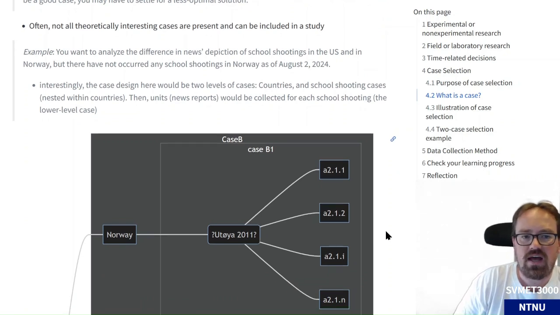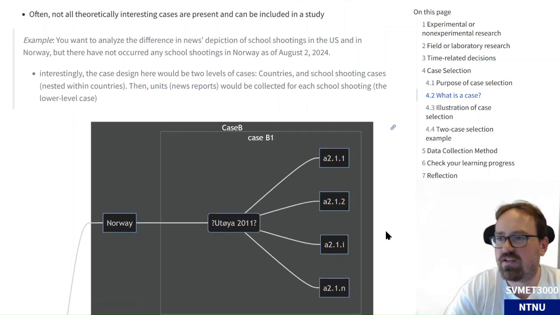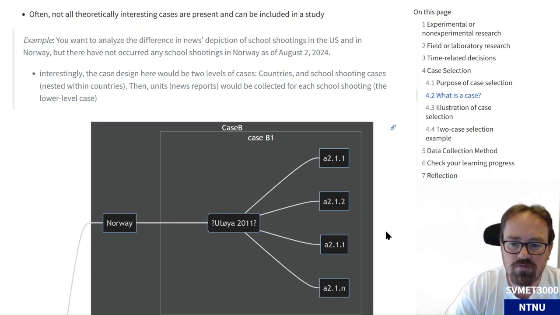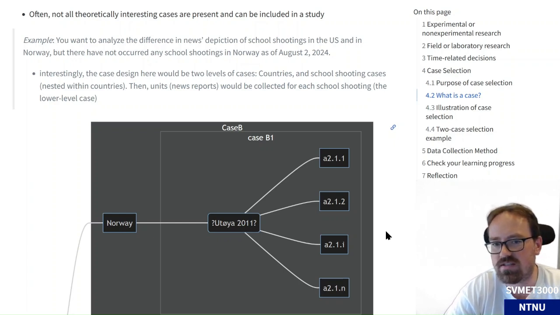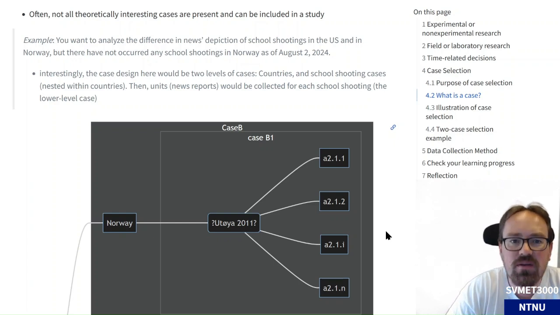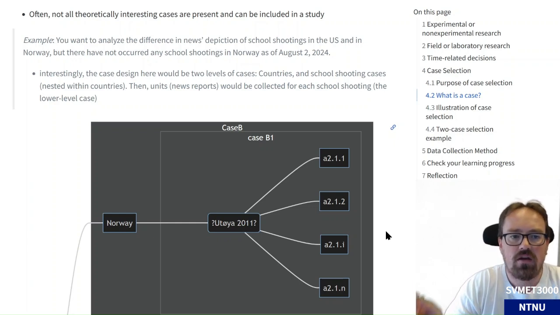That means that for lots of practical reasons, it's often not really possible to include all theoretically interesting cases into a study. The most existential limitation being that cases may just not exist.